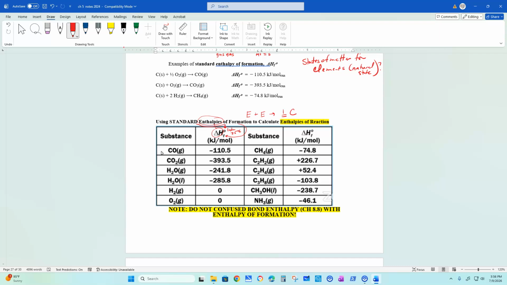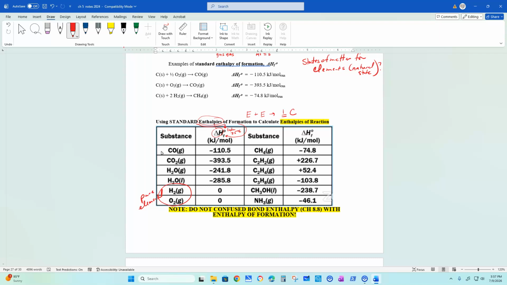I have no clue what any of these values are by memory. But notice these two. Pure elemental form. 0. AP may give you some love and actually tell you that the values are 0. That's awesome if they do. But you should know that for any pure elemental form, the enthalpy values will always be 0.